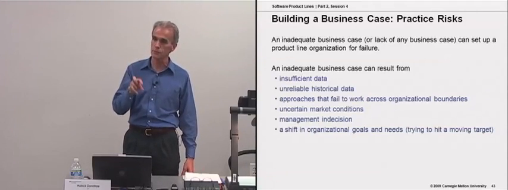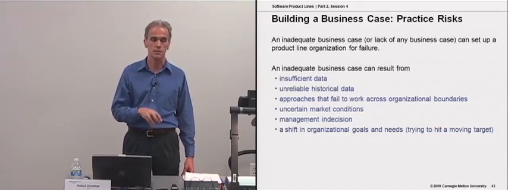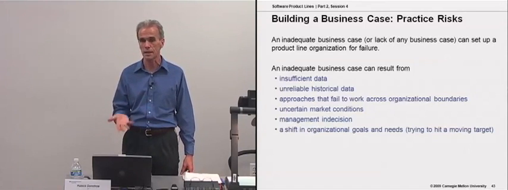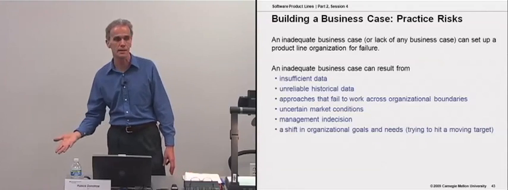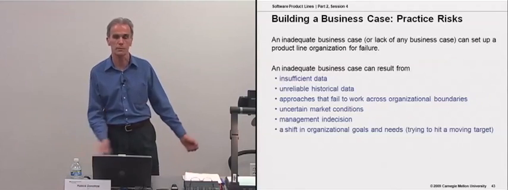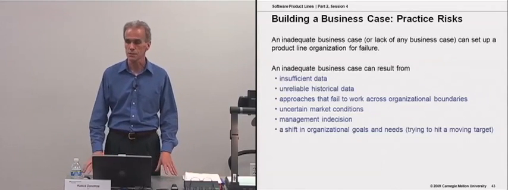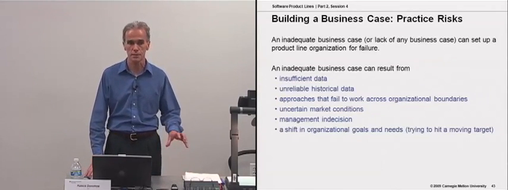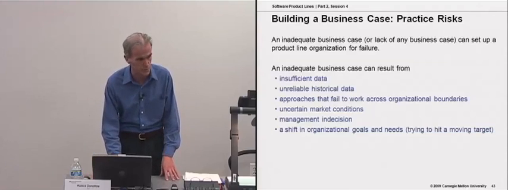If you are operating within that part of the organization trying to establish a product line, and you didn't see this big change in organizational goals coming, you would be completely blindsided. So this is why your product line champion needs to be plugged into the high-level decision makers.